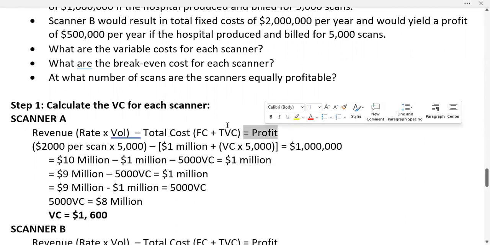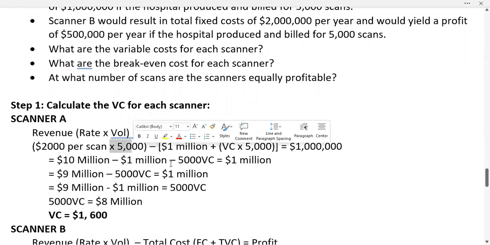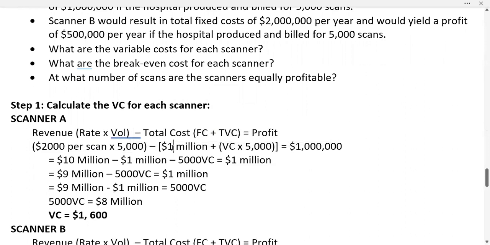From the scenario given, we know that each scan is charged at $2,000 and we are aiming for 5,000 patients. For scanner A, the fixed cost is $1 million, and we are computing for the variable cost times the 5,000 volume.